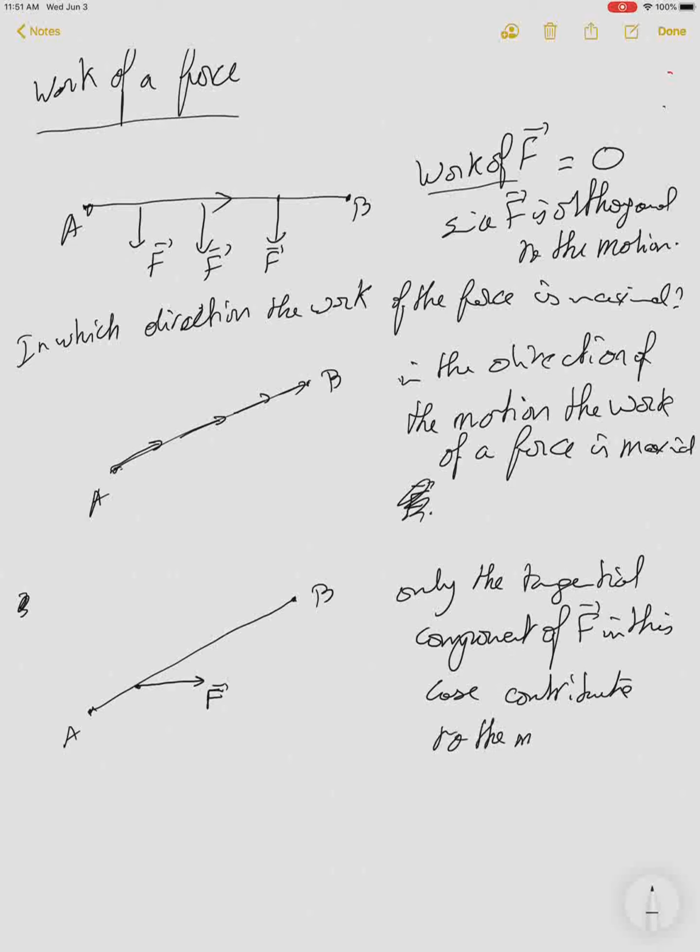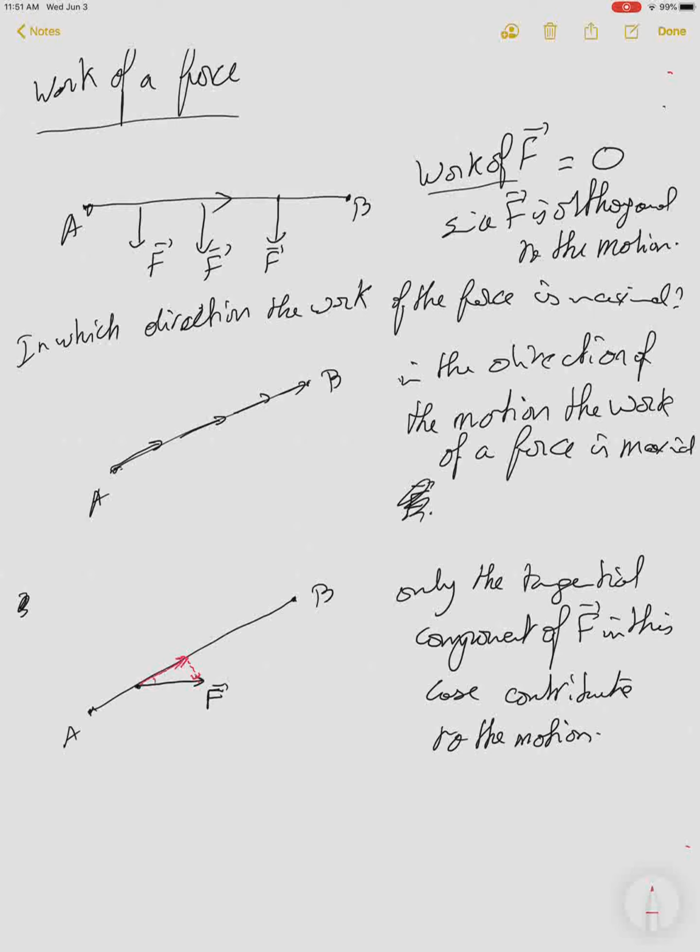By the way, it can contribute positively or negatively. Here, F can be divided into two components: the tangential component and the normal component. The normal component is orthogonal to the motion, and the tangential component is the only one contributing to the motion.